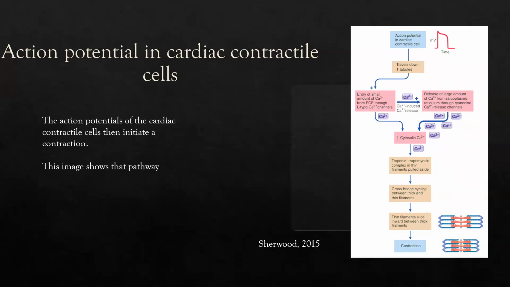In cardiac contractile cells, the L-type calcium channels lie mostly in the T-tubules. As we just discussed, these voltage-gated channels open during a local action potential. This is unlike in skeletal muscle cells where calcium diffuses into the cytosol from the ECF across the T-tubule membrane during a cardiac action potential.